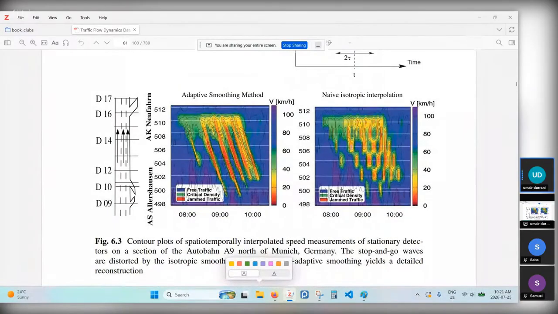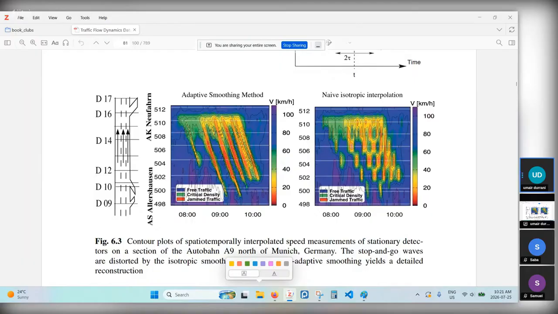And that is because it is focusing more on, or weighting more, the values of speed on individual detectors. It does not know that the traffic jam moves upstream like this in a diagonal pattern. And so it is going to focus more on the values closer to the detectors.